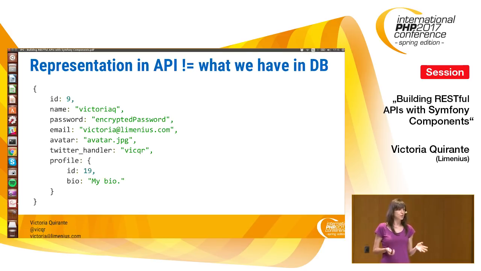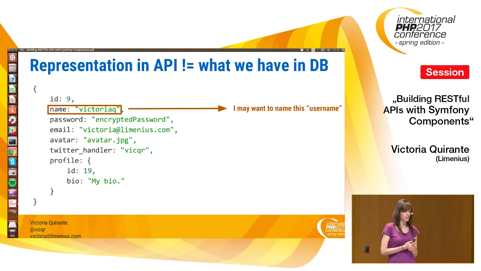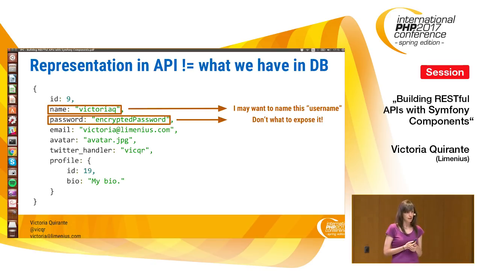Imagine that you have this user in your database, okay? If you want to create a representation from it, you may want to, for example, change the name of this property. Instead of calling it name, you may want to call it username, for example. Perhaps, or very likely, you won't want to show the password, even if it's encrypted.